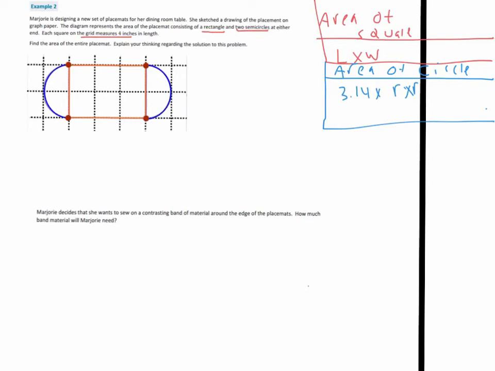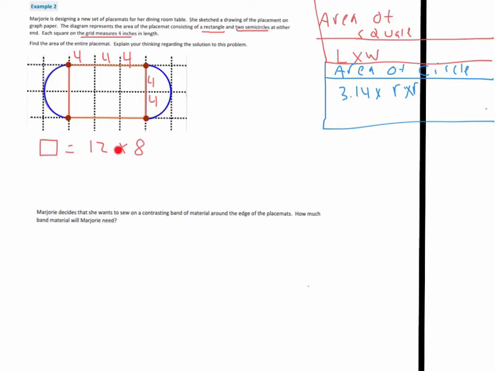Okay, so what does that turn out to be? Well, 4, 4, 4, that's 12. So it's 12 by, and then we have 4 and 4, which is 8. Remember, why am I doing 12 by 8? Area of a rectangle is length times width.